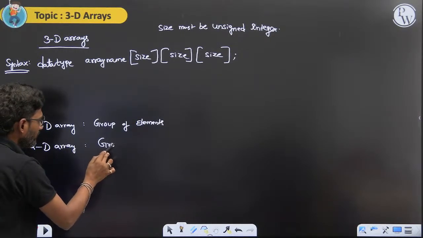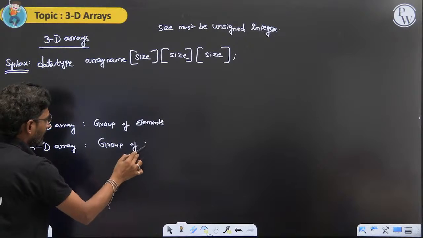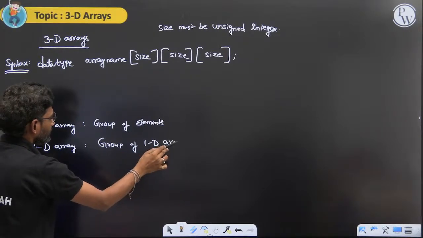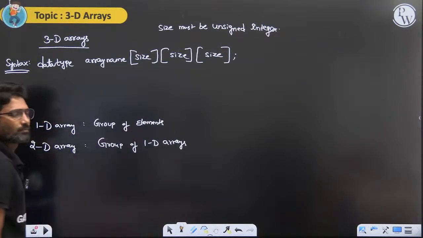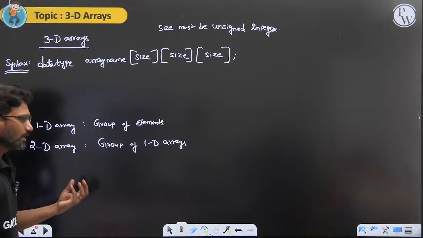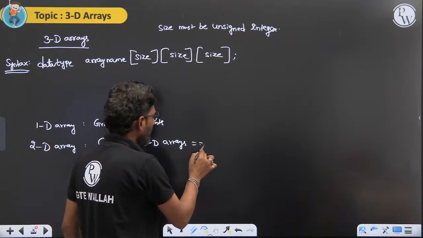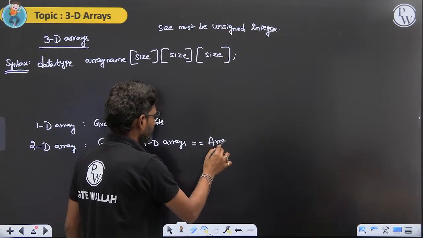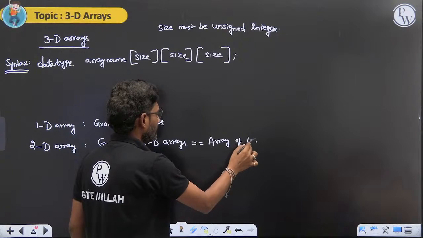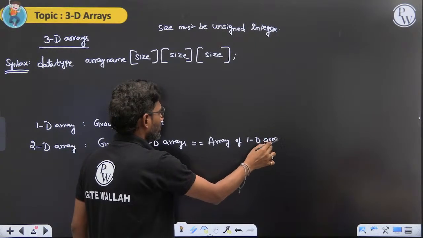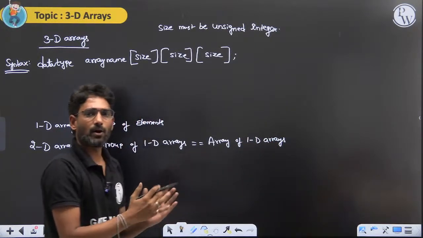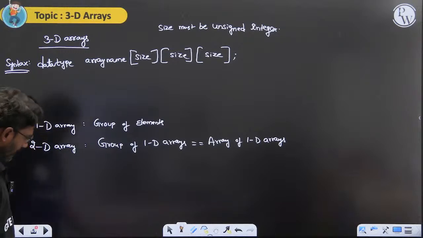Group of 1D arrays. That means array of 1D arrays. We can say 2D array as array of 1D arrays.